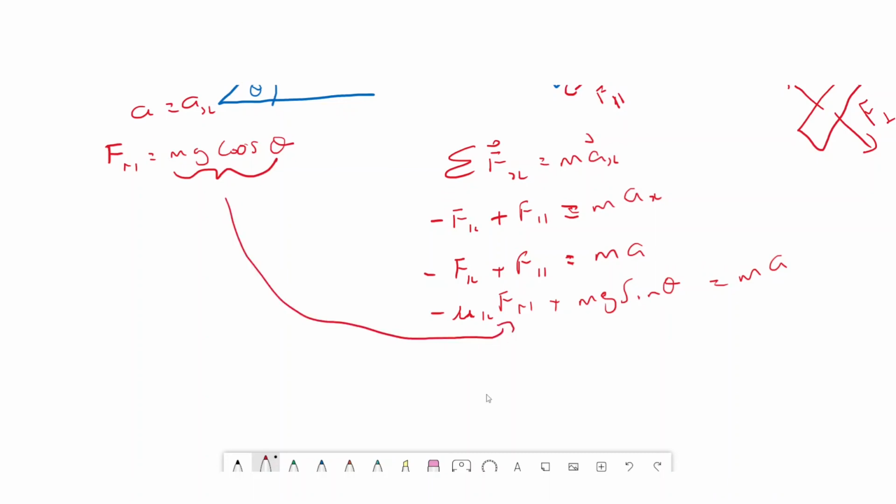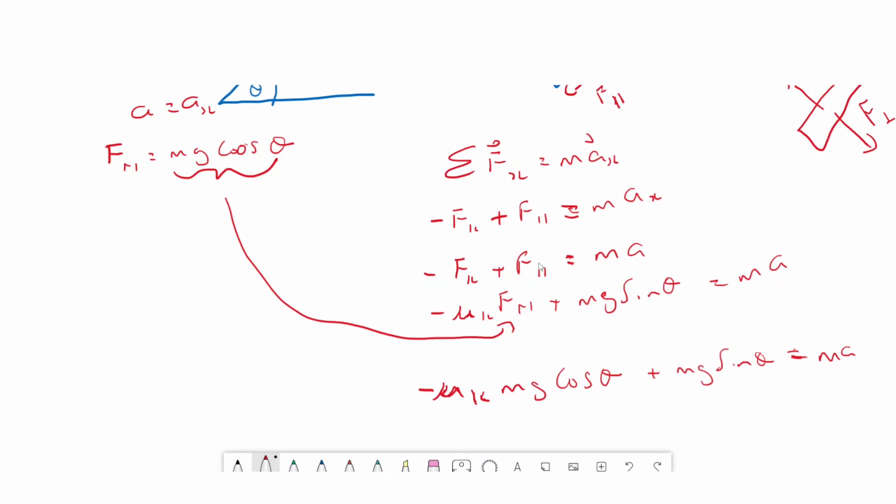This becomes mu k, whatever mu k they will tell you, or sometimes they'll ask you to calculate the mu k. This is going to be mg cos of theta plus mg sine of theta equals ma. Then afterwards, you can just substitute. If they tell you the mass is 5, maybe they tell you the coefficient is whatever, you can substitute it like that. So this is how you can find it for this case.